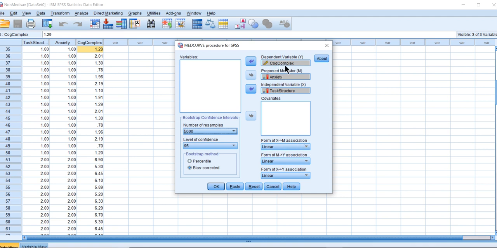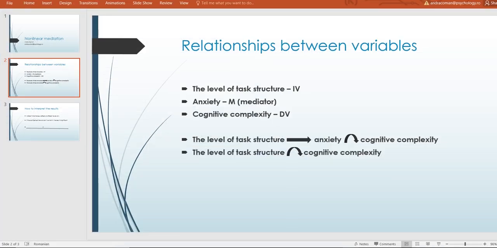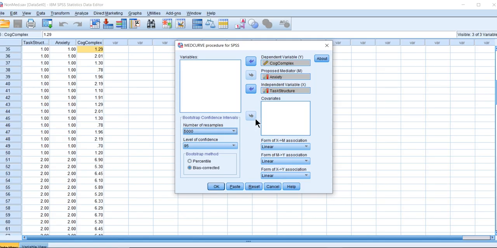And I have to set my relationships, as I explained earlier. The relationship between the independent variable and the mediator is linear, so I will leave it as it is.